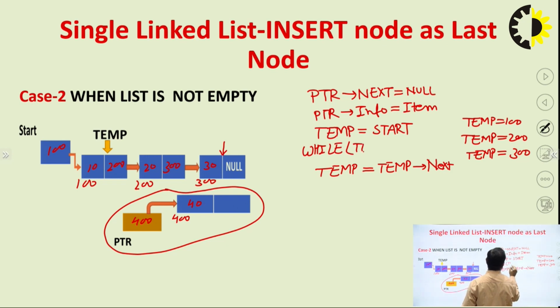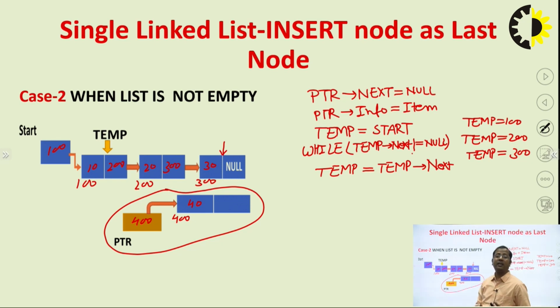While we have to get the address of the last node in the temp pointer. And what is the property of the last node? The address field of the last node contains the null. So we have to repeat this step while temp arrow next not equals to null.